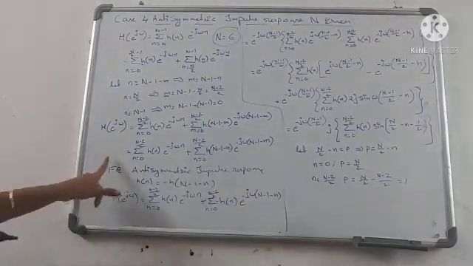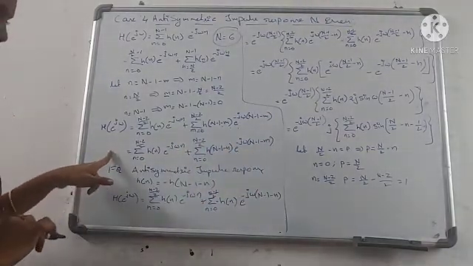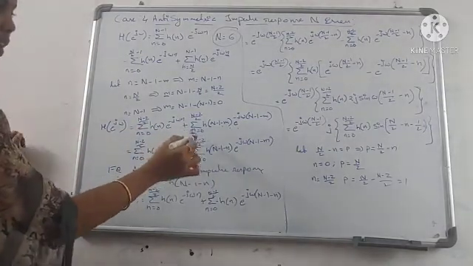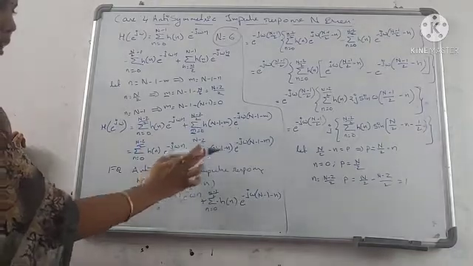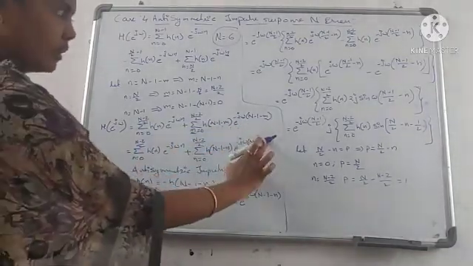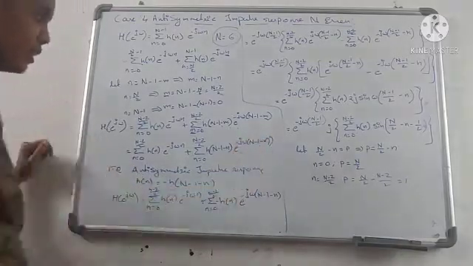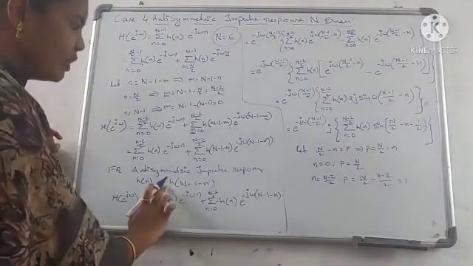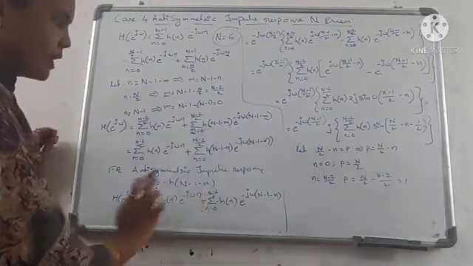Okay, now after substituting the m limits, again you have to change from m to n. Here also m is n. For the antisymmetric impulse response, consider h(n) equal to minus h(N minus 1 minus n).